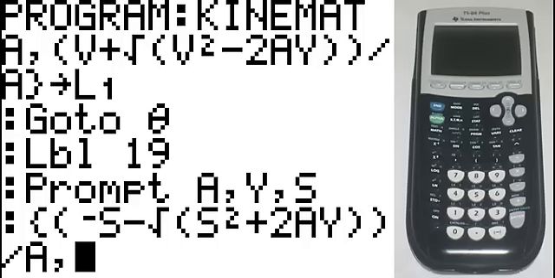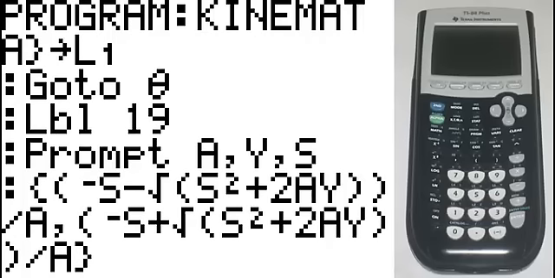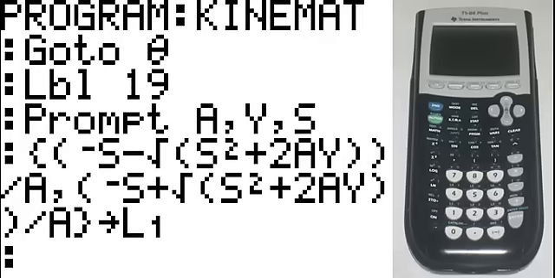Start parentheses, negative s minus the square root of s squared plus 2ay, end parentheses, divided by a, comma, start parentheses, negative s plus the square root of s squared plus 2ay, end parentheses, divided by a, end parentheses, that goes to L1.